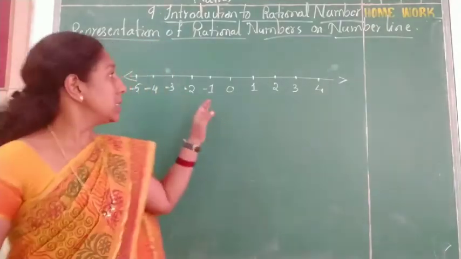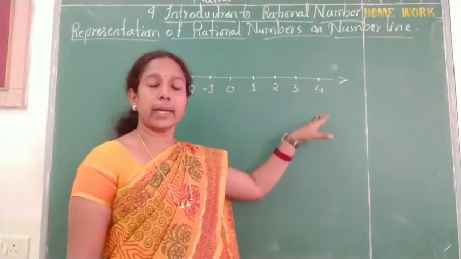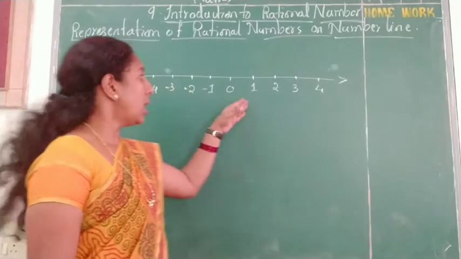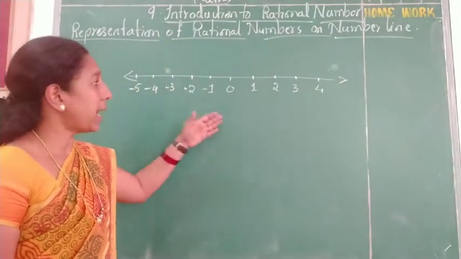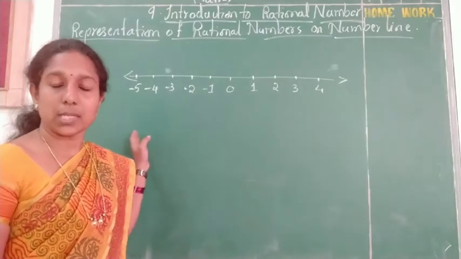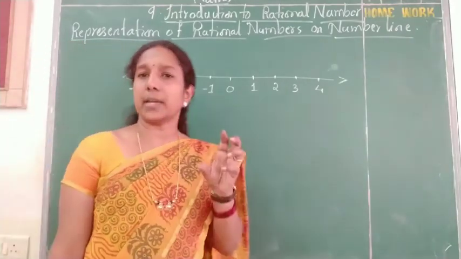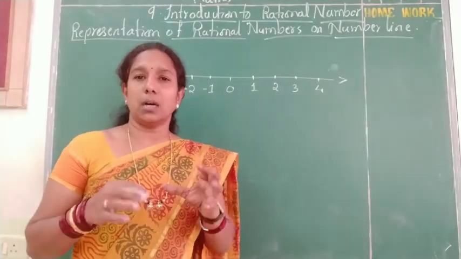So here 0 will be the center, and on the right hand side of the 0 will be all the positive integers. On the left hand side of the 0 are the negative integers. So we know that the rational number comes from the integers.